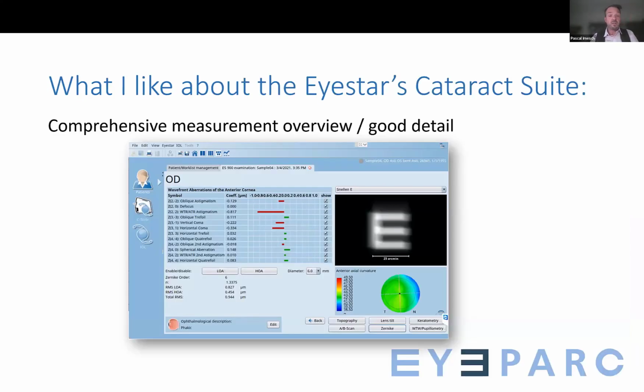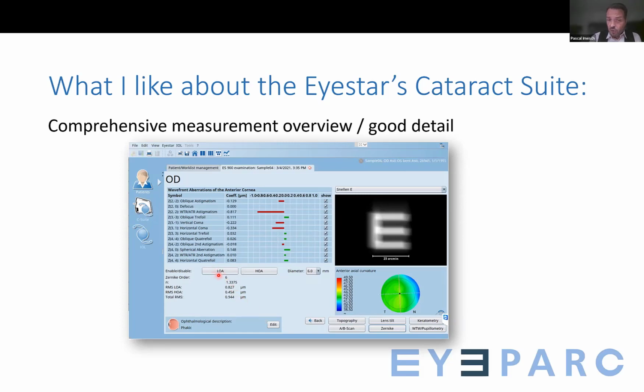And then one of the features that are for me an absolute killer argument, not only for cataract surgery, but for the Eyestar and for any patient, is the visual simulation and the Zernike aberrations that are really easily and accurately shown in this chart.